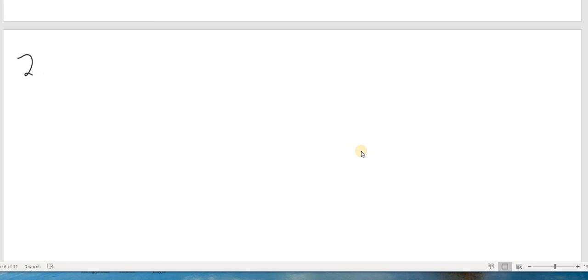Okay, so to do step two, this is where we're going to use sk and sk plus 1. So for step two, I said when we write, assume sk is true.